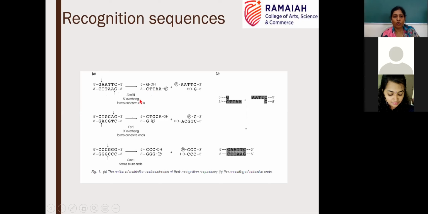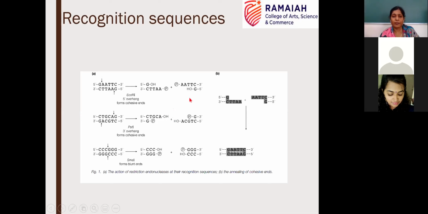And the enzyme PstI, after cleavage, produces the 3' overhang or 3' protruding ends. As I told you, always the 5' end will have the phosphate group attached, and the 3' end will have the free hydroxyl group.